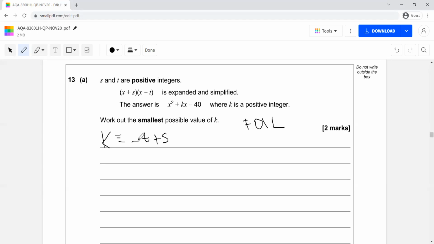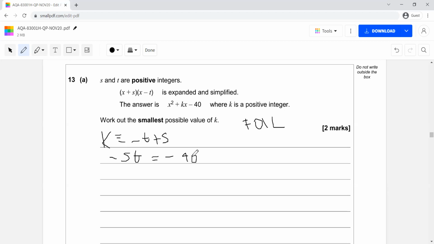This is how we get our coefficient of x, right? But also realize that the s is multiplied by the minus t to give us the constant term. So minus st is equal to minus 40.